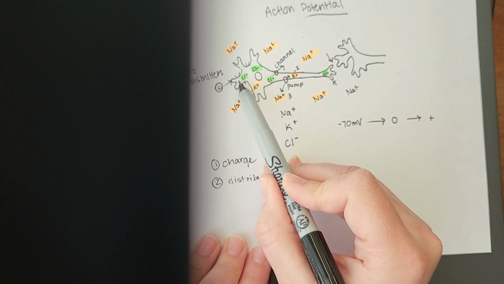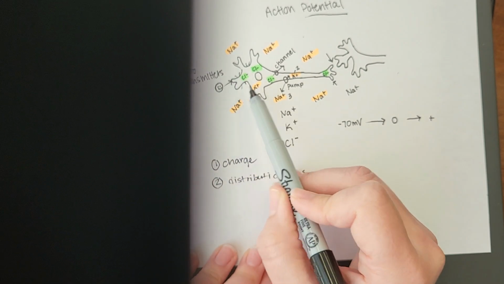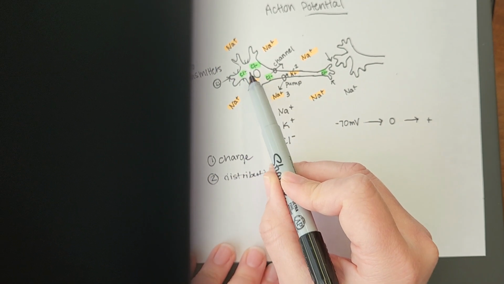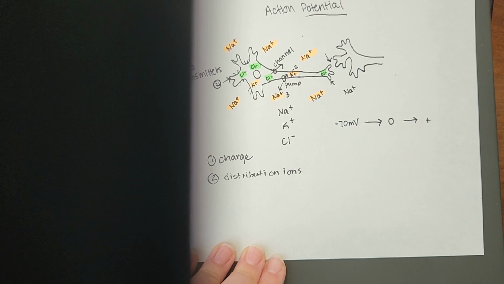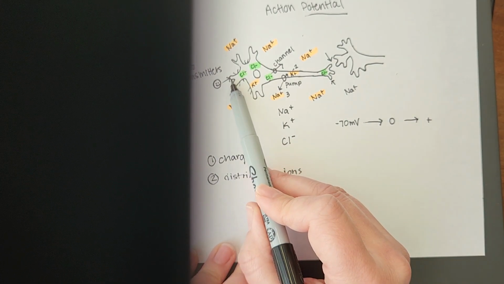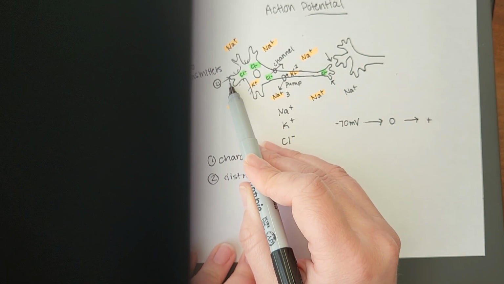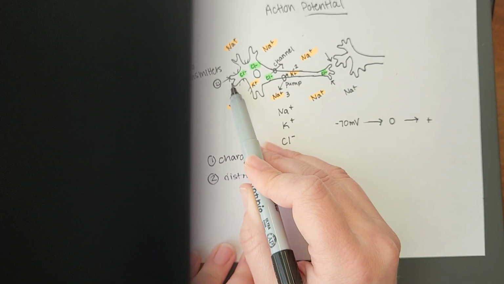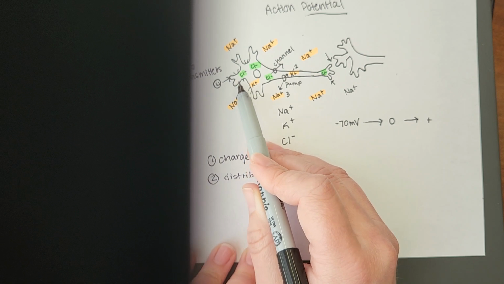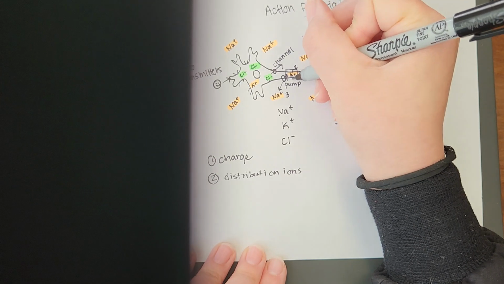Now, as soon as these little channels open, they're open very briefly and then they close back up so that the cell can return to a resting state. So it happens very quickly. And if you'll remember, part of what makes a neuron fire very quickly and able to communicate so fast with other neurons is because of these structures called the myelin sheath.